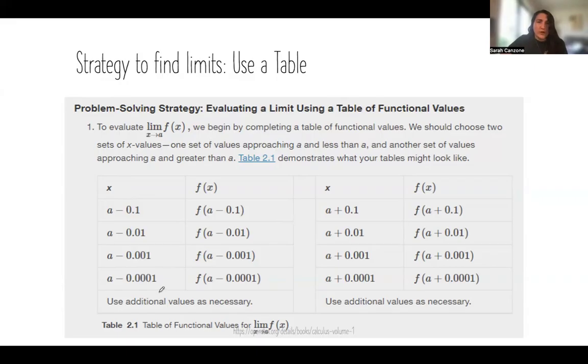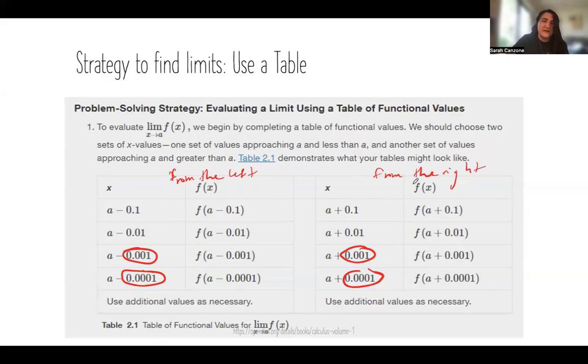Numbers that are really, really close are usually like 0.0001 away. Typically, I would use maybe these two values and maybe these two values. So this is from the left, and this is from the right.